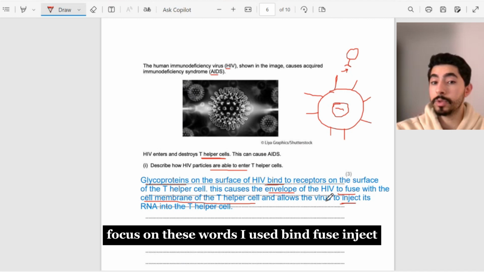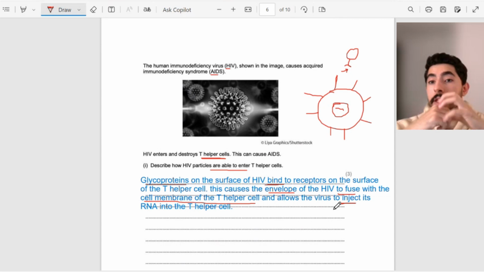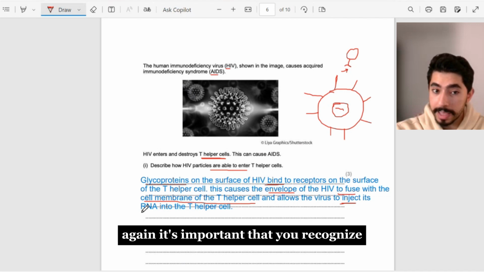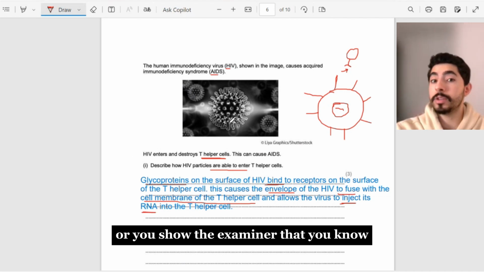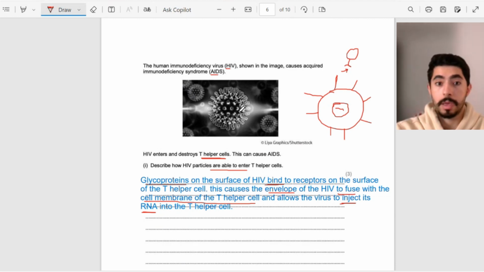Focus on these words. I used bind, fuse, inject. This is what the virus does. It binds, it fuses, and it injects its RNA. Again, it's important that you show the examiner that you know the parts of HIV and the parts of a virus.